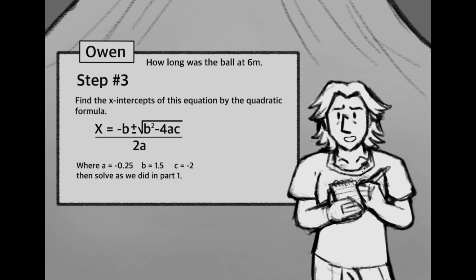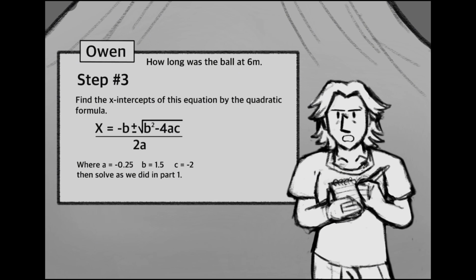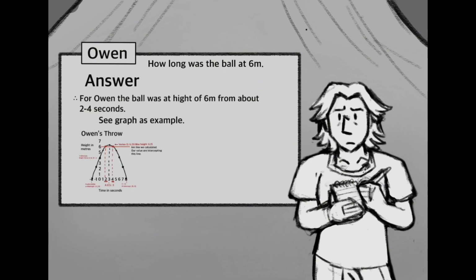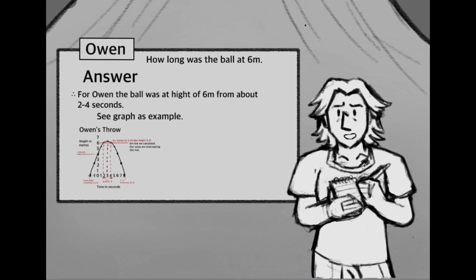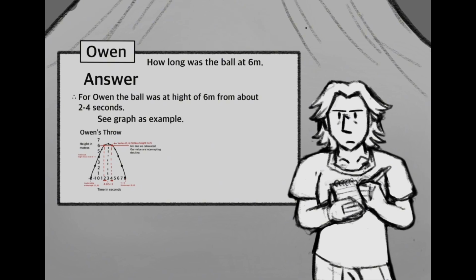Then solve as we did in part 1. Therefore, for Owen, the ball was at the height of 6 meters for about 2 to 4 seconds. See graph as example.